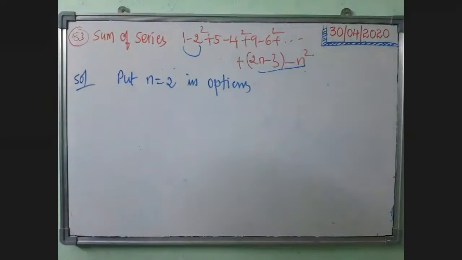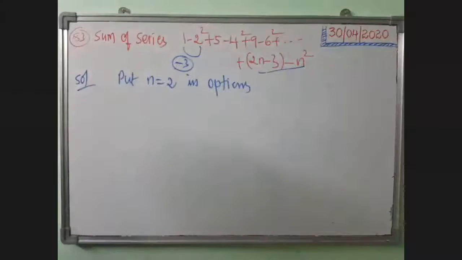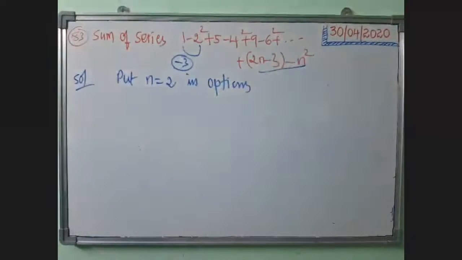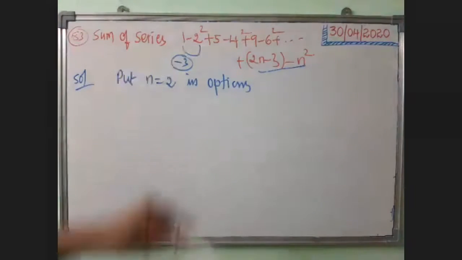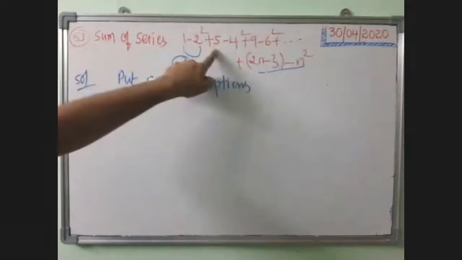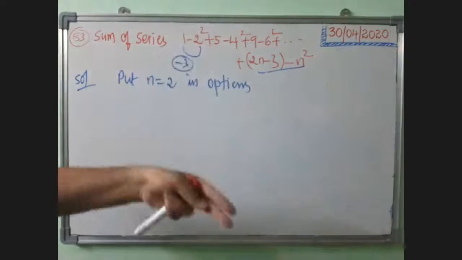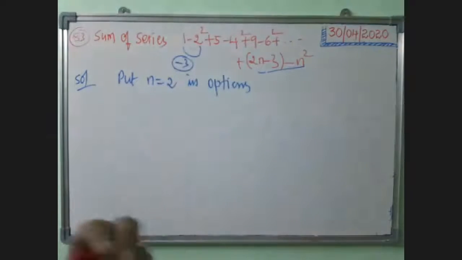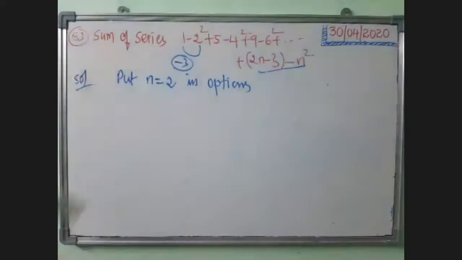If you keep n equal to 2, the answer should be minus 3. From among the 4 options, suppose you get more than one option as minus 3, then put n equal to 3. If you keep n equal to 3, 1 minus 4 plus 5, 6 minus 4 will become 2. That means if you put n equal to 3, the answer should become 2, if you get more than one option as minus 3.